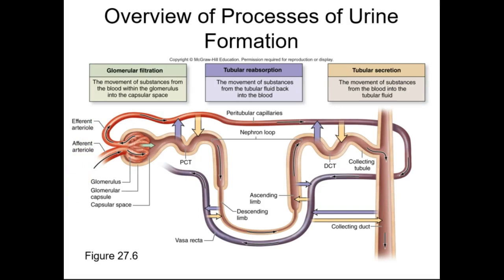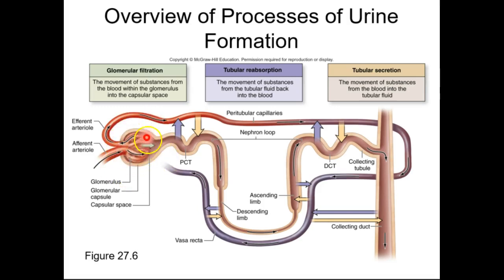So first things first, the afferent arteriole brings blood into the renal corpuscle. And thanks to things like hydrostatic pressure, your really good friend hydrostatic pressure, fluid is pushed out of the glomerulus and into the capsular space of this structure known as the renal corpuscle.